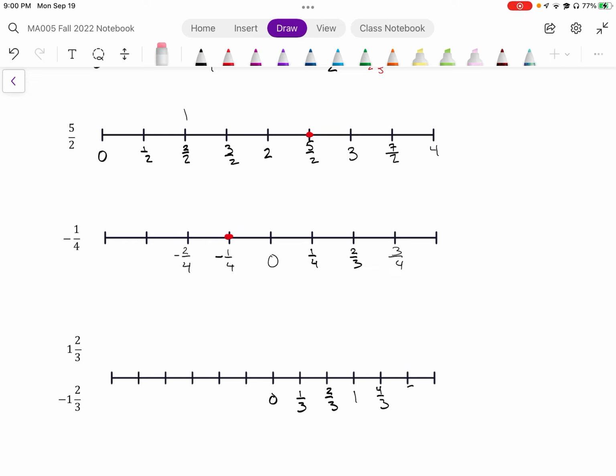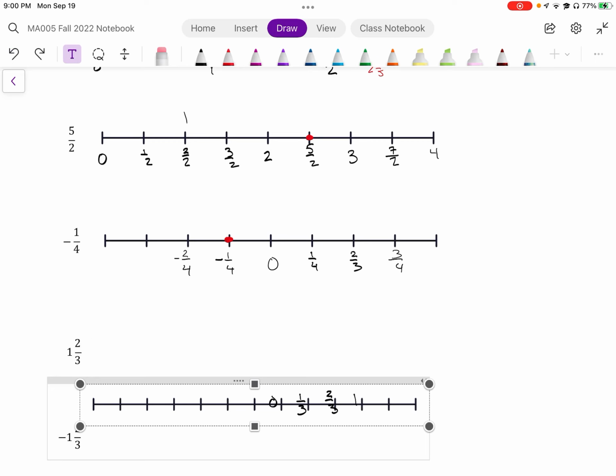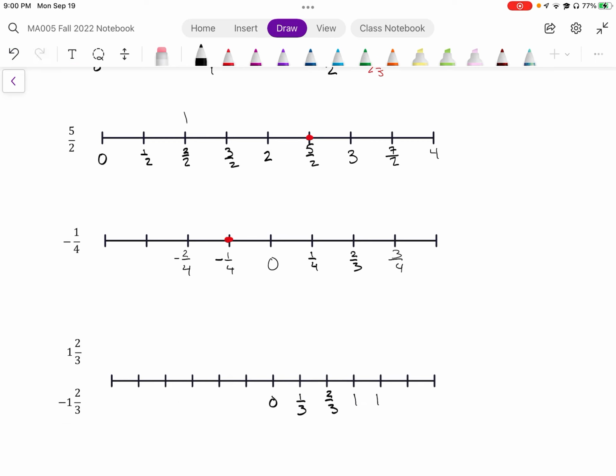So I'm going to back up and I'm going to call this 1 1/3. Oh, didn't mean to do that. I'm going to call this 1 1/3, 1 2/3, and then 2. See how I thought that through? I was doing 5/3, 6/3, 7/3, that kind of thing, but this is not improper fractions. These are mixed numbers. Okay, so I've got negative 1/3, negative 2/3, and you don't really even have to.